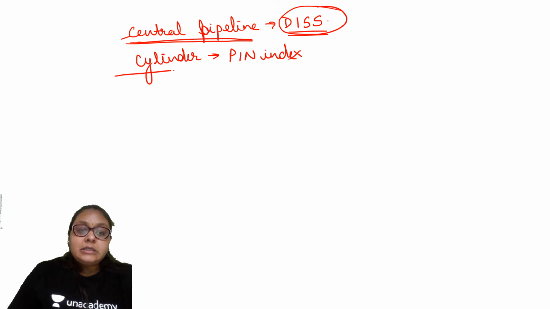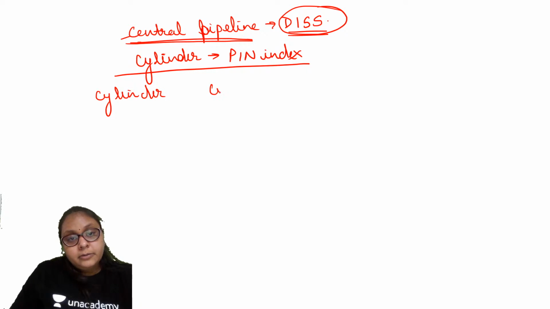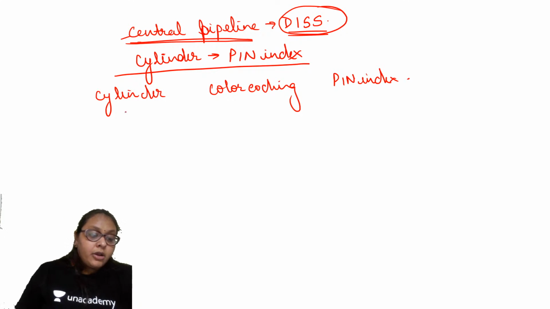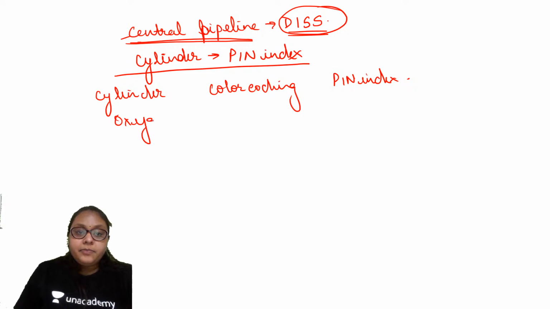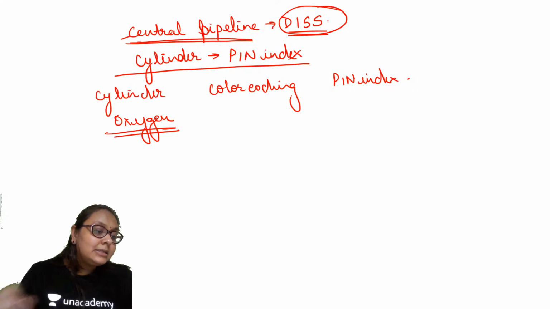Now tell me, this is the cylinder color coding. I'm revising this because many questions are asked on it, and on the pin index. What is the color coding of the oxygen cylinder and what is its pin index?